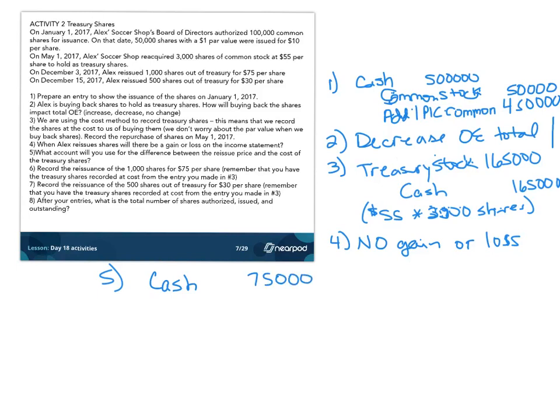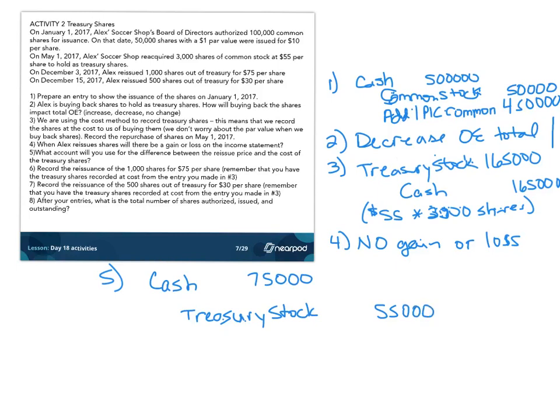I'm reissuing Treasury stock, so Treasury stock needs to be credited. That makes it smaller. Okay, that's my credit. I recorded them at $55 originally, and so that is the same value I'm going to use for this 1,000 shares. So 1,000 times $55 is $55,000.